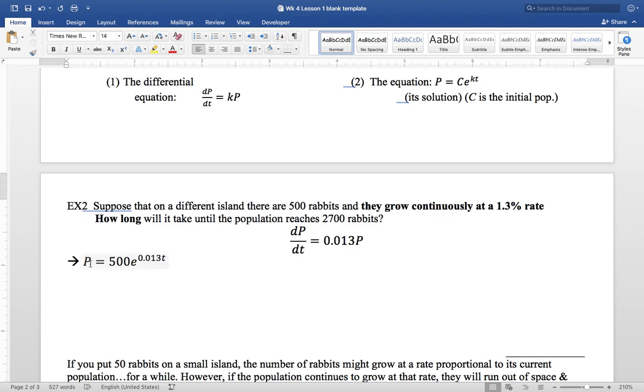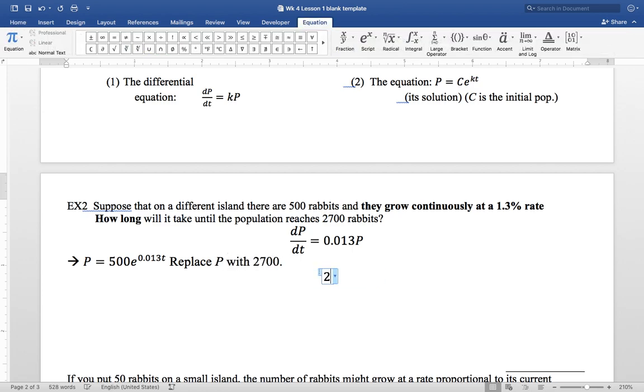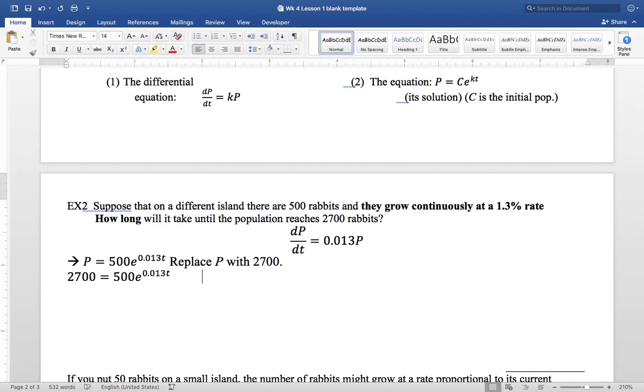So what we can do is replace P, the population, with 2,700 and then solve the resulting equation for t. So let's go ahead and do that. I get 2,700 is equal to 500 e to the 0.013t. And now we just have to solve that equation for t.